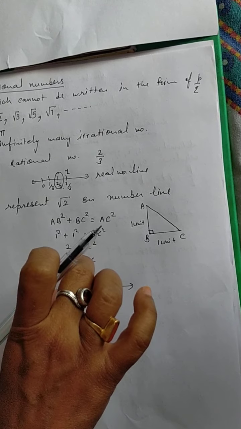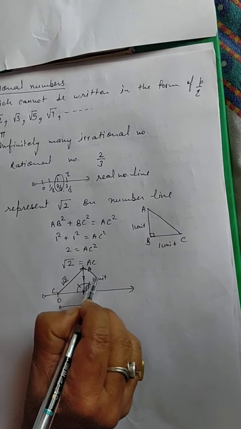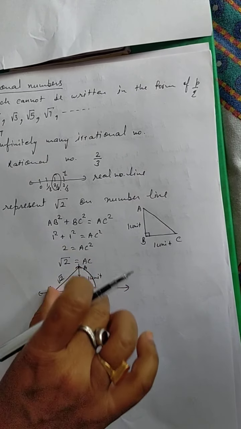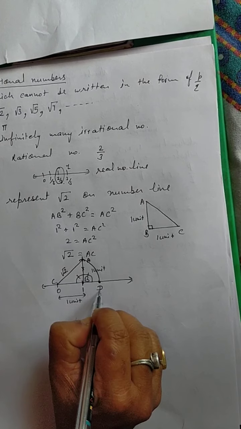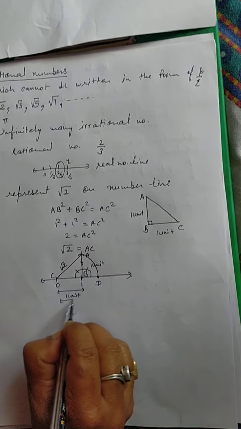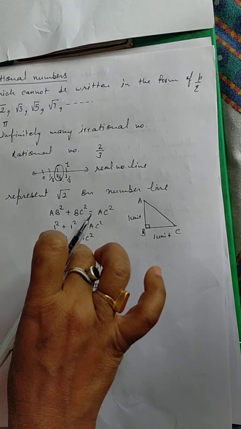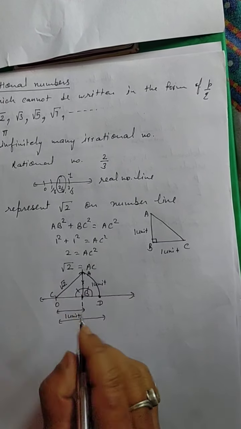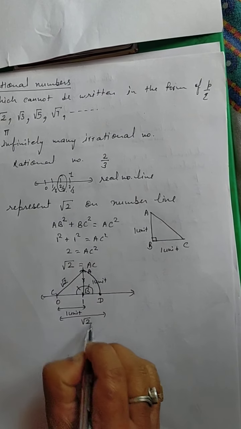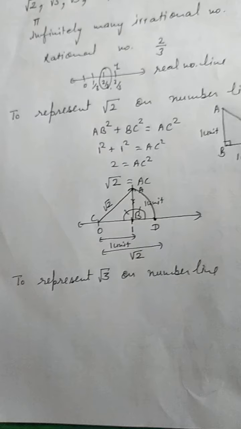Open your compass from C to A, and draw an arc like this, and this will meet the number line, suppose at point D. Then the distance from C to D is equal to AC. This CD is equal to AC. If AC is square root 2, CD is also equal to square root 2. So this is the number line representation of square root 2.